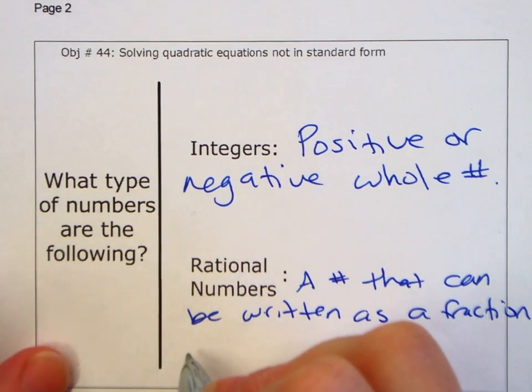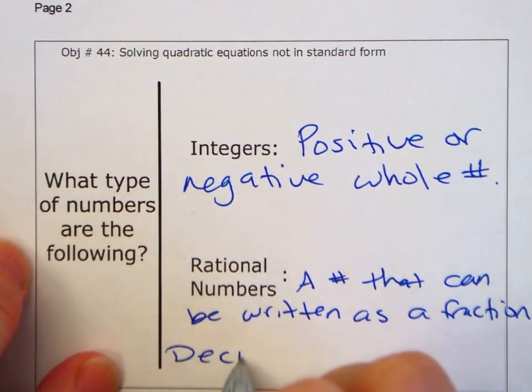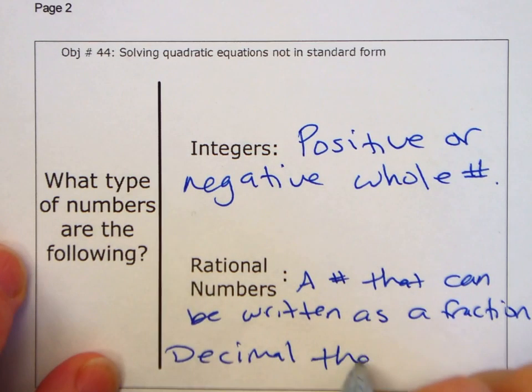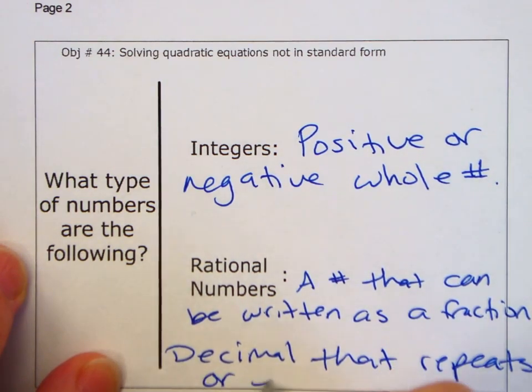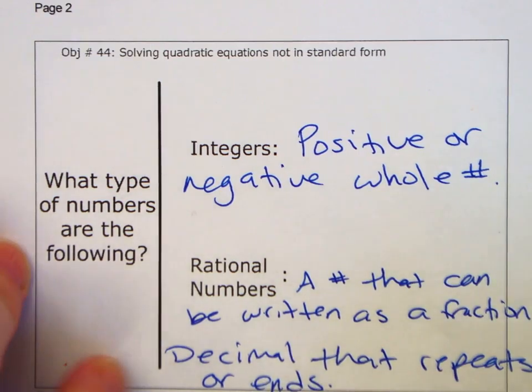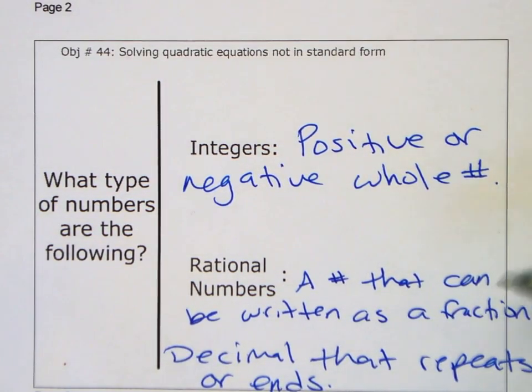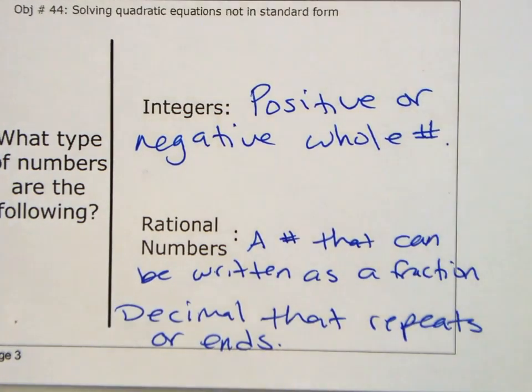It's also a decimal that repeats or ends. Decimals that repeat or end can always be written as a fraction. So typically, you can just use the first half as your definition. Okay? So, rational number, a fraction; integer, positive and negative whole numbers. Those are really important vocabulary terms in math. When you're in college, your professors will expect you to know what those mean.